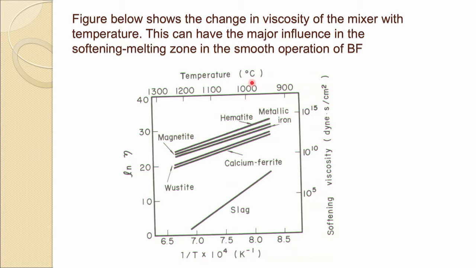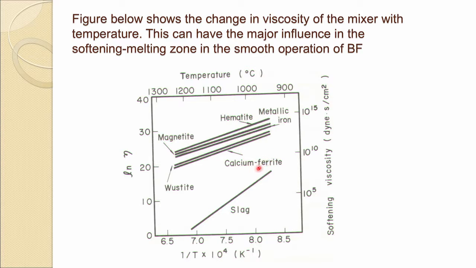So, for hematite at the lower temperature, viscosity is quite high, even for magnetite it is quite high. For wustite it is still high, but not that much. But if you look at the slag formation, that viscosity is really low.